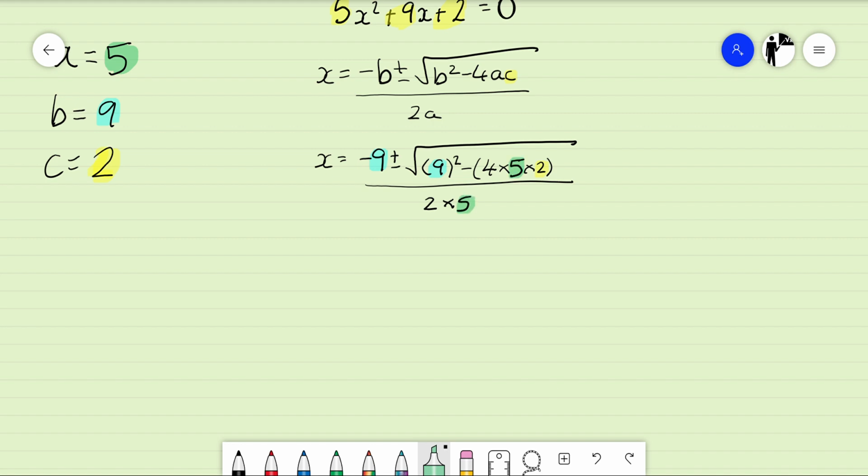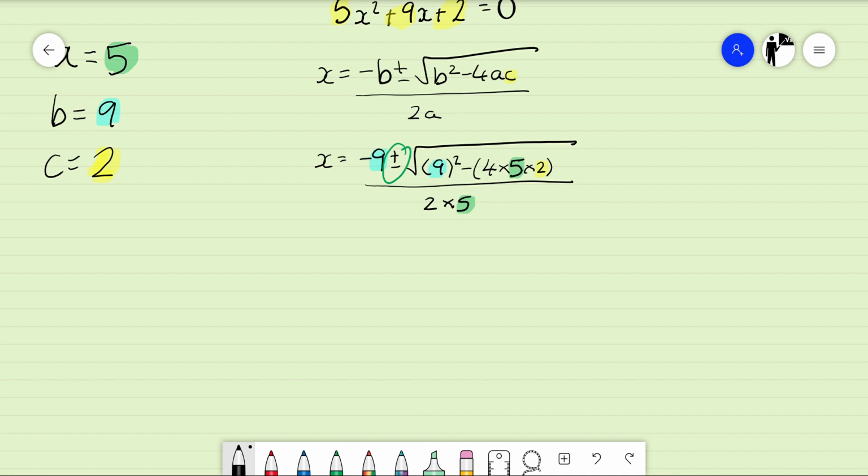Apologies. Okay. Remember when we would factorise or solve a quadratic equation normally? We would get to the stage where we would have our double brackets, we would split and solve normally. And hopefully you can see here, I'll just rub this out, that if we have a look at this part here, we've got plus and minus. So what we're going to do is split this here into the plus option and the minus option.